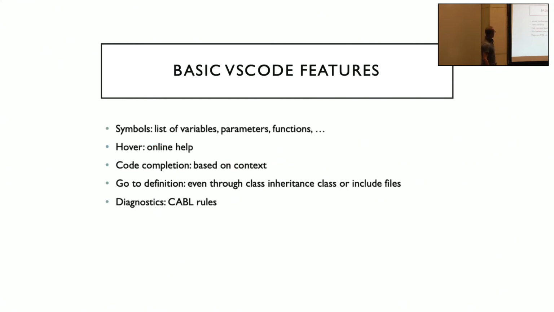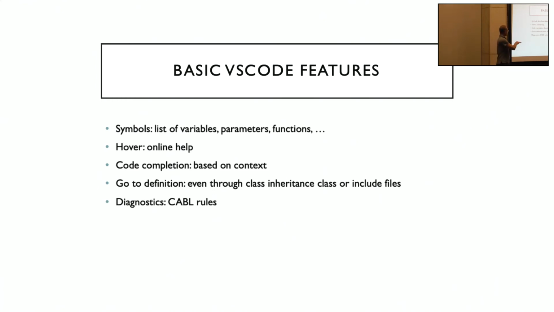So regarding the basic VS Code features that are available, it's possible to have the outline view, with a list of variables, parameters, functions, and the ability to get some online help. So when you pass a cursor over any keyword, you immediately get the online help. This has to be valid for statements, for Progress methods, or custom methods.